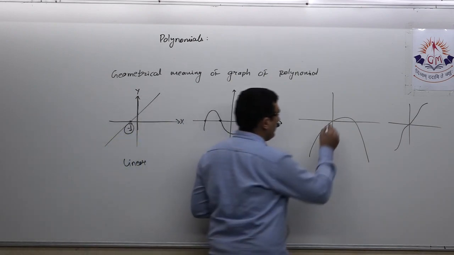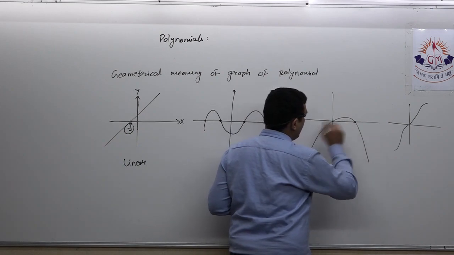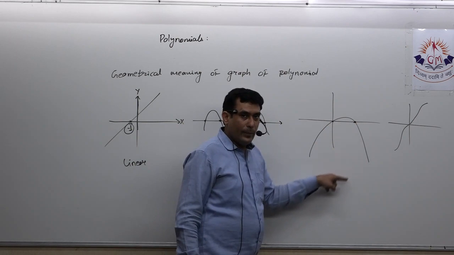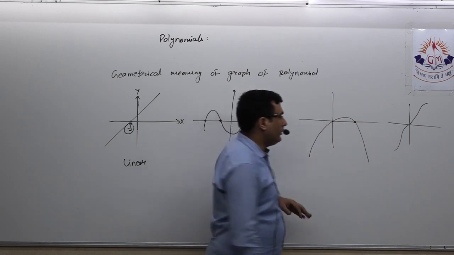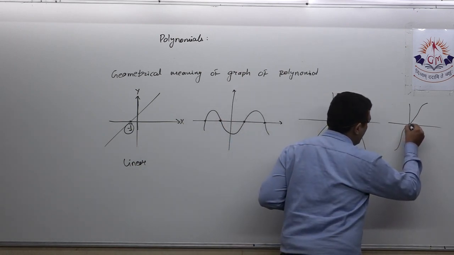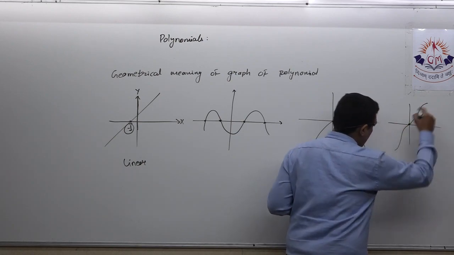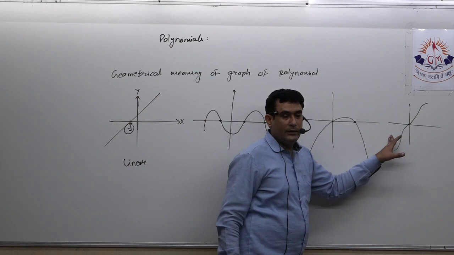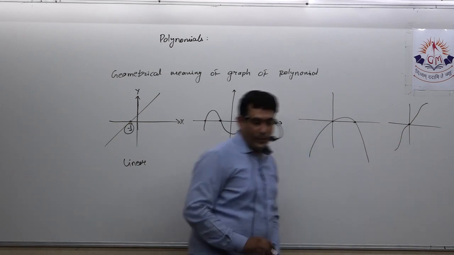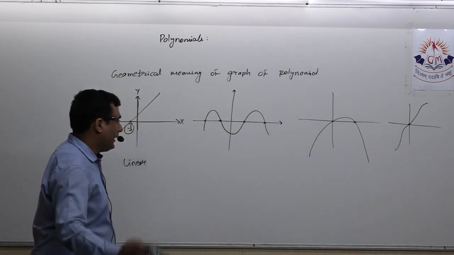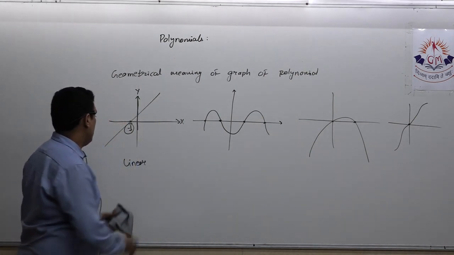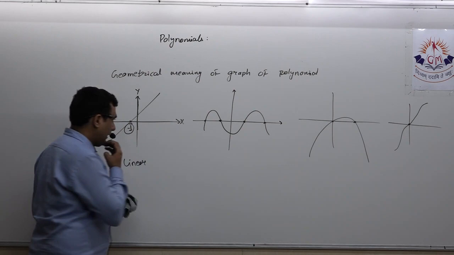Now this intersects the x-axis at 2 points, so it has 2 zeros, and as it's a parabola, it's a quadratic polynomial. Over here it intersects the x-axis at 1 point, so it has 1 zero, but again we cannot say whether it's linear or a parabola. So this is one type of question that can be asked with the help of the graph.